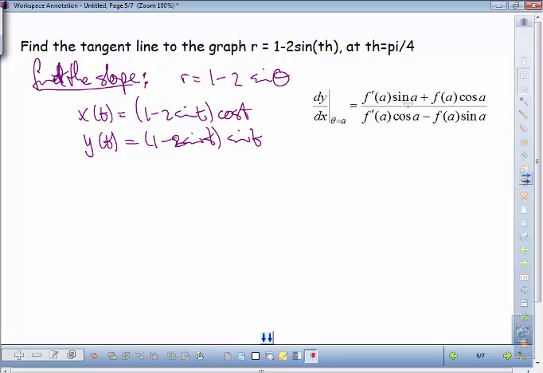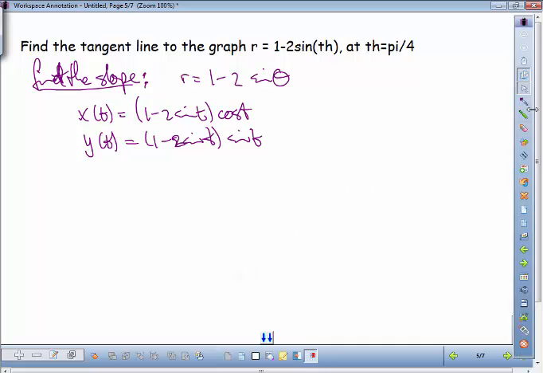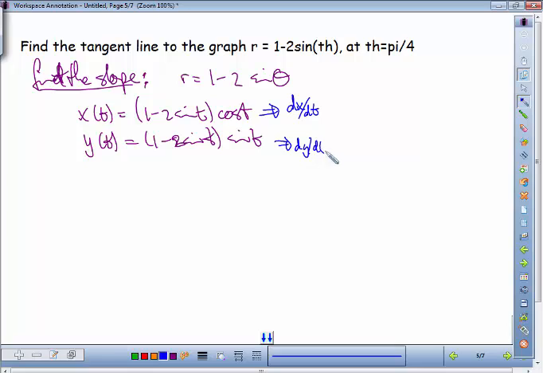I guess you really don't need the formula if you just remember dy dt over dx dt, right? I'm just going to knock that out and just say, let's find dx dt and dy dt. So dx dt, dy dt.